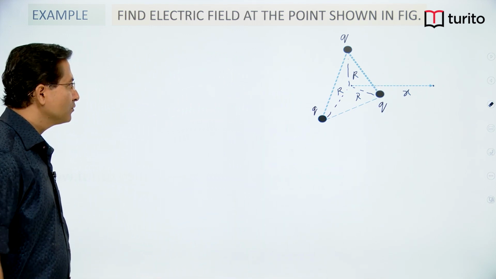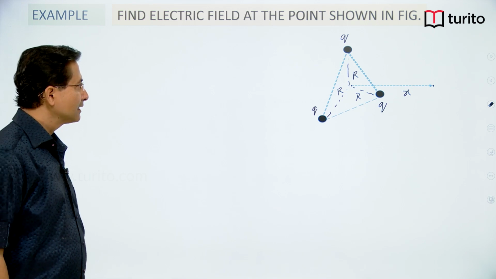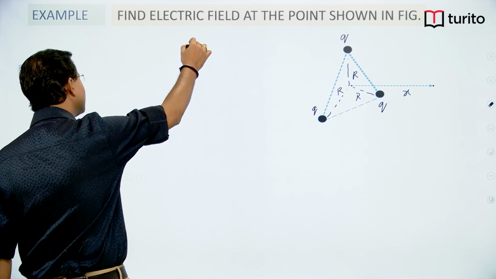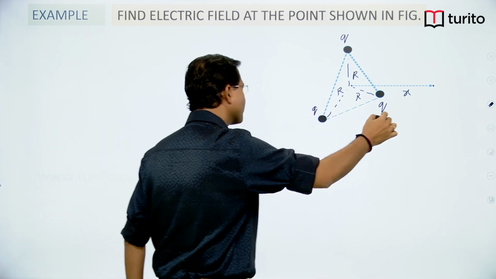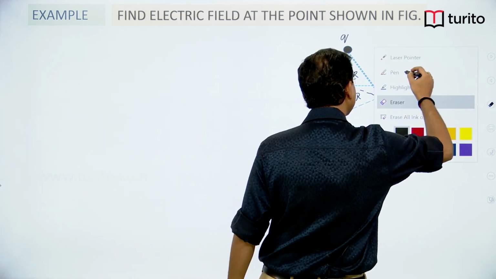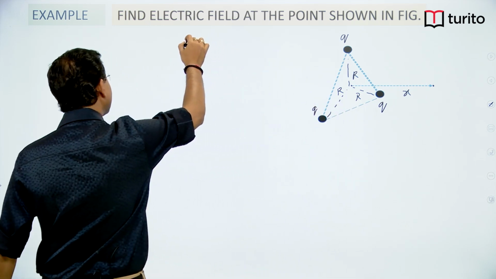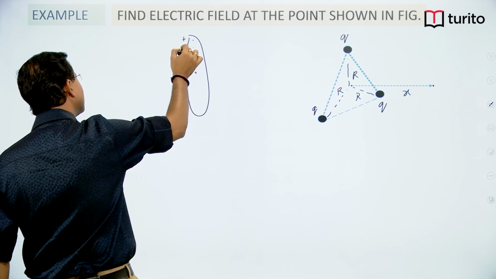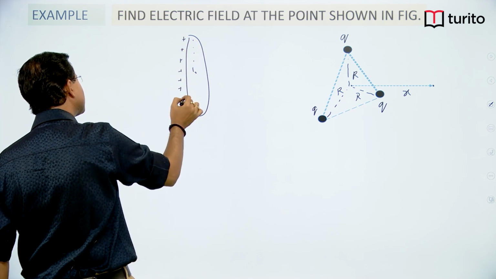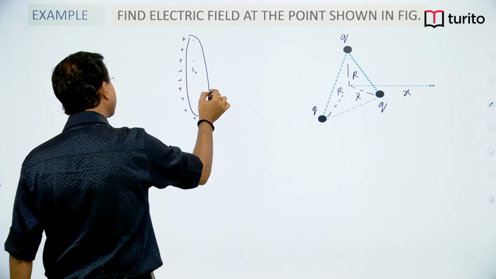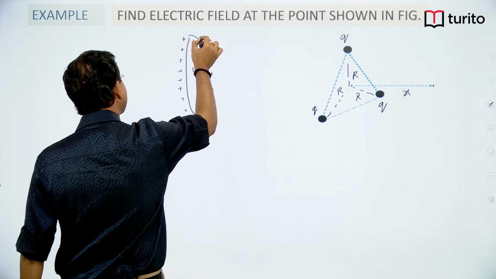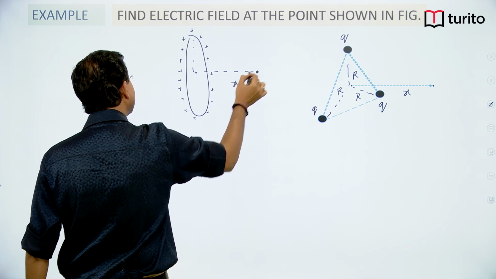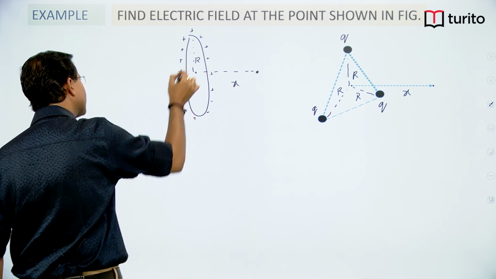Now again if you see, the situation is similar to what we have just discussed. From the center every element was at the same distance, and from the center of the ring at distance x we wanted to calculate the field. Radius of the ring was r.